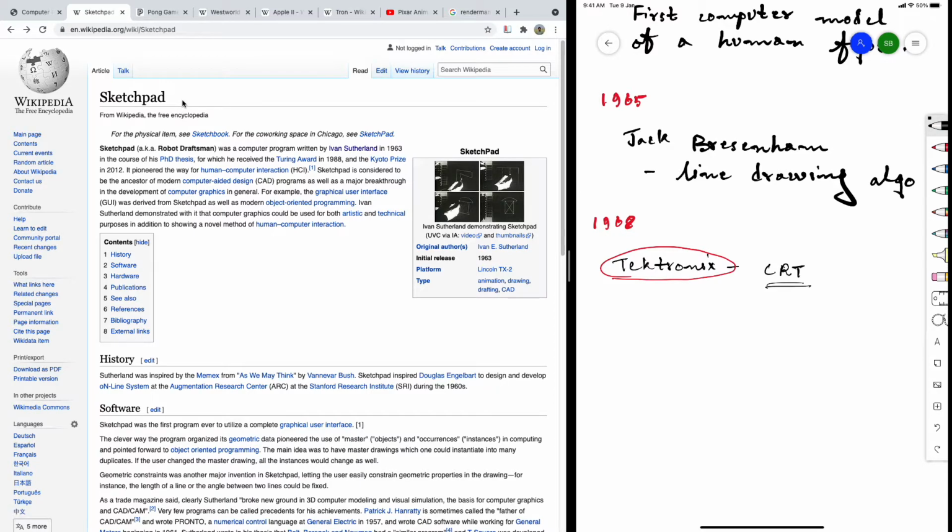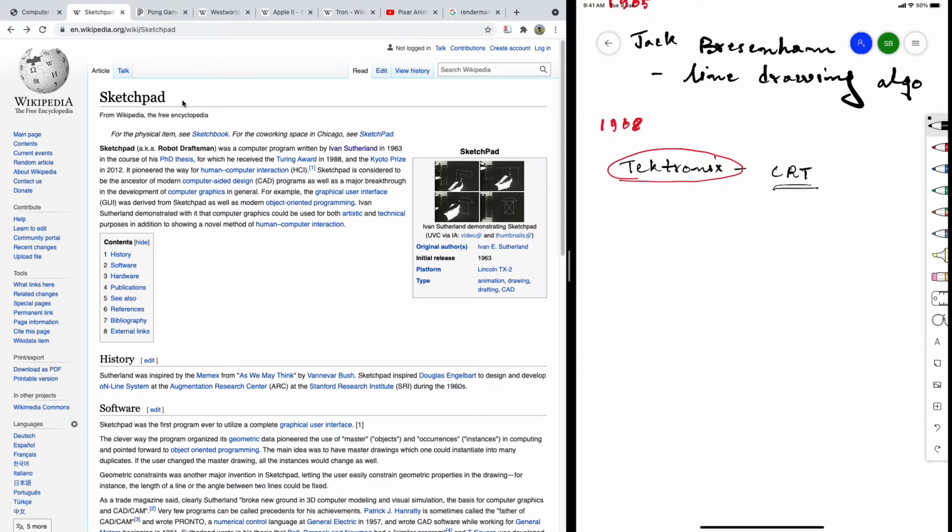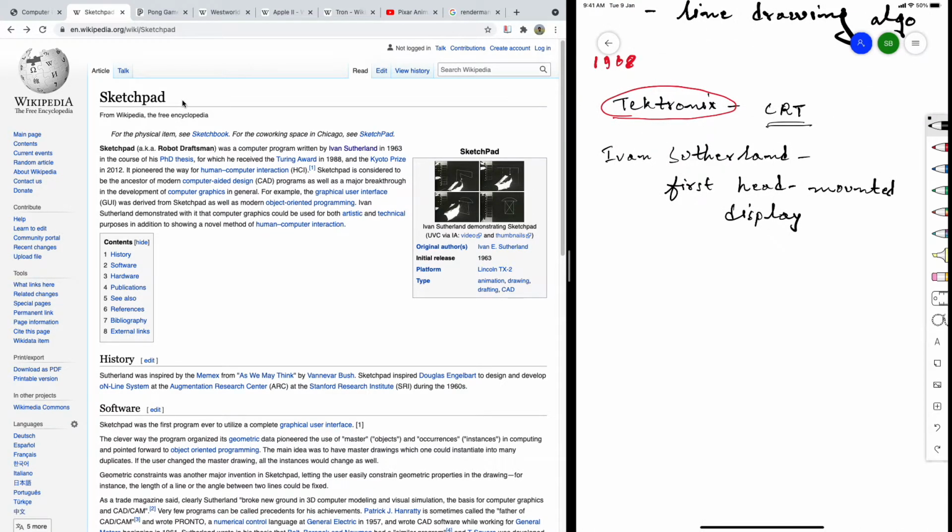And in 1968, in the same year, one more thing happened when Ivan Sutherland designed the first head-mounted display. Okay, so in 1968, two things happened. Then let us see what happened in 1969.